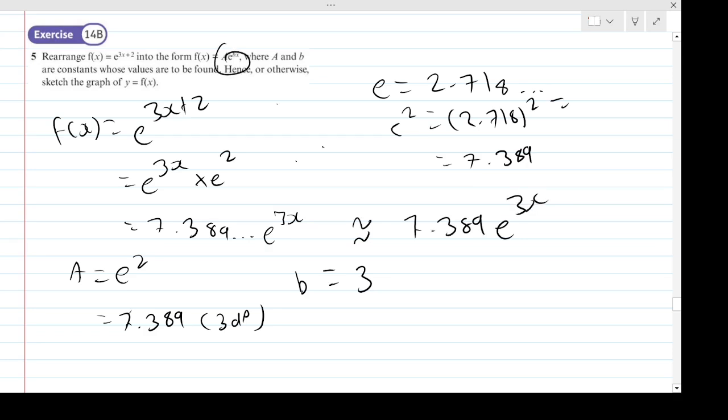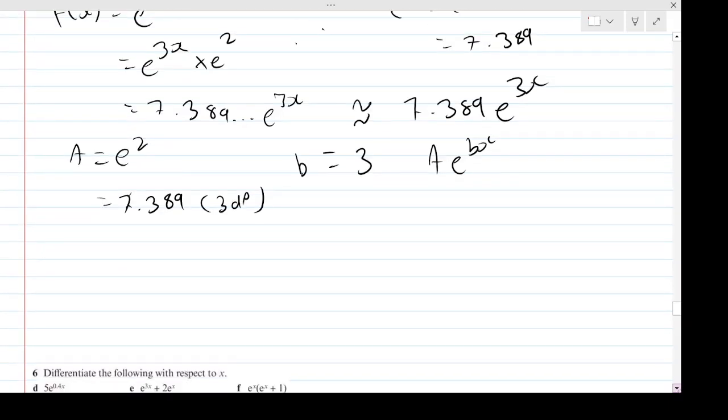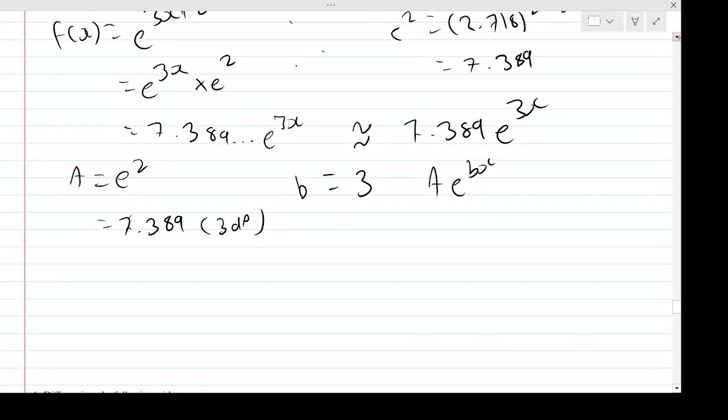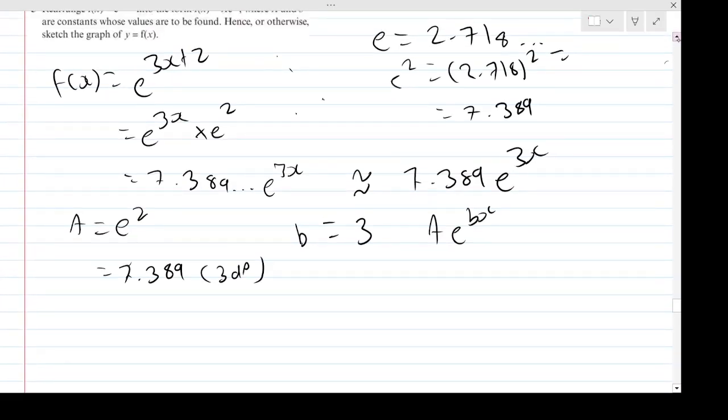Hopefully you can spot this is in the form a e to the bx, where a is 7.389 and b is 3. Then it says hence or otherwise sketch this graph here. So now we need to sketch the graph. Oh, I don't have much room here. Okay, I'm going to get rid of some of this.